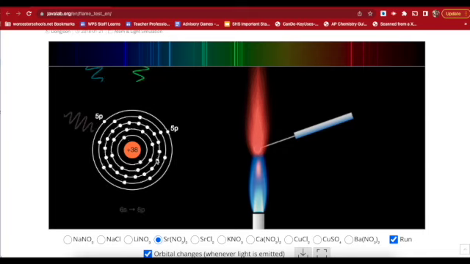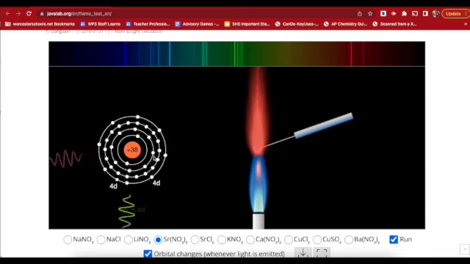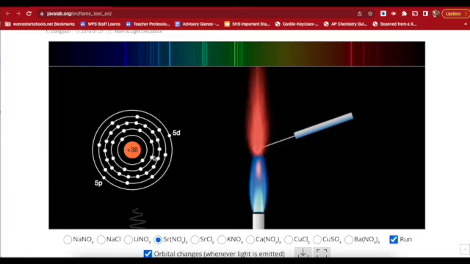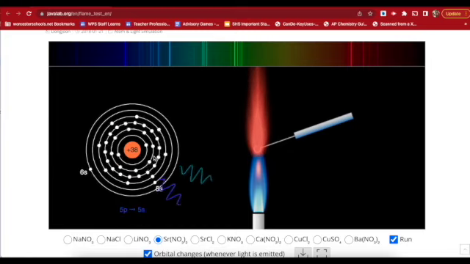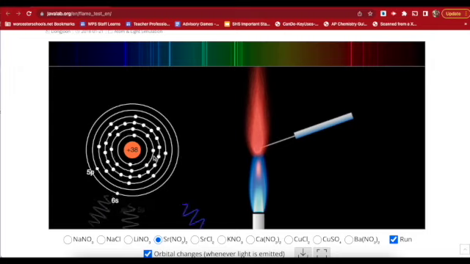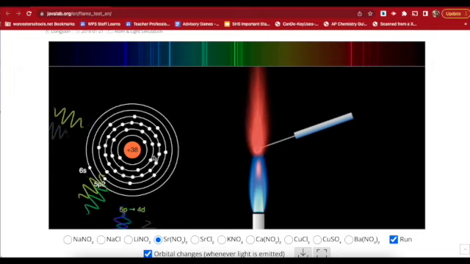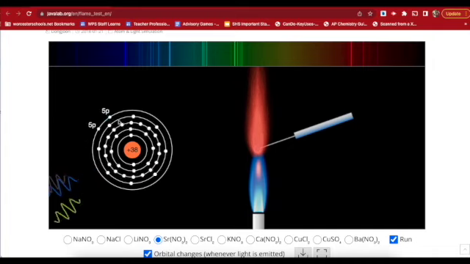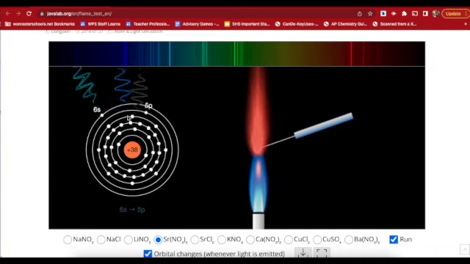Those dots circling that center part, which is the nucleus, represent electrons. And we see that every time they jump around and then jump back to their original position is when the light is emitted. This is because that's exactly what is happening.